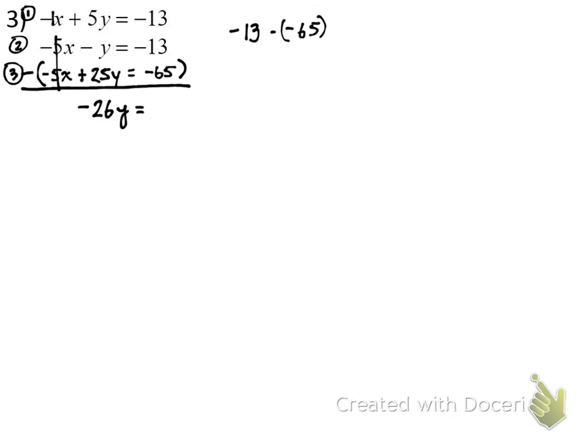Since you guys aren't all getting it, I want to see a lot of side work, a lot of side problems on your paper. Negative and negative makes a what? Positive. Remember from the beginning of the year, which team's bigger, the negative team or the positive team? Positive. How much bigger are they? 52.